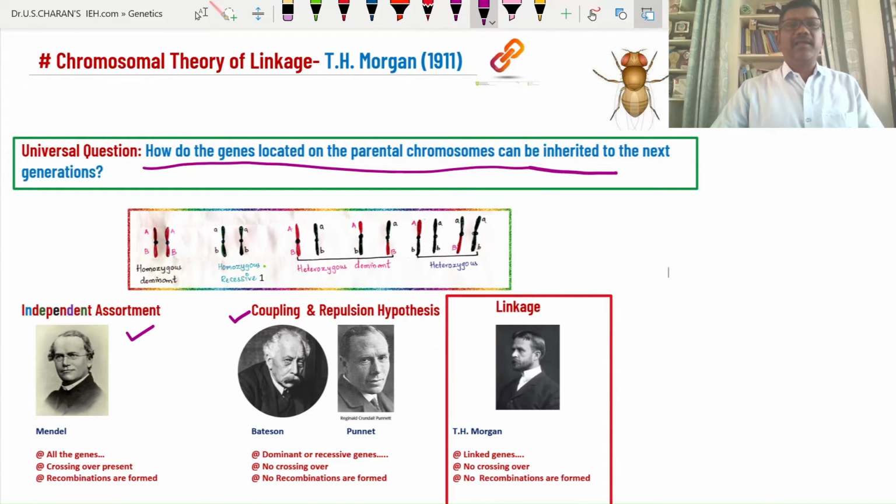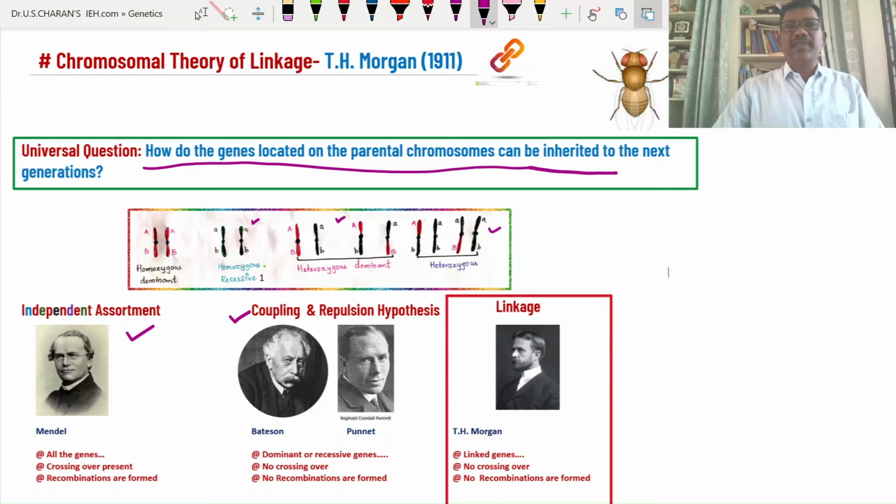The parental organisms may be homozygous dominant, homozygous recessive, heterozygous dominant, or in other heterozygous conditions. But how the genes or alleles located on these chromosomes are inherited to the next generation is the question here.